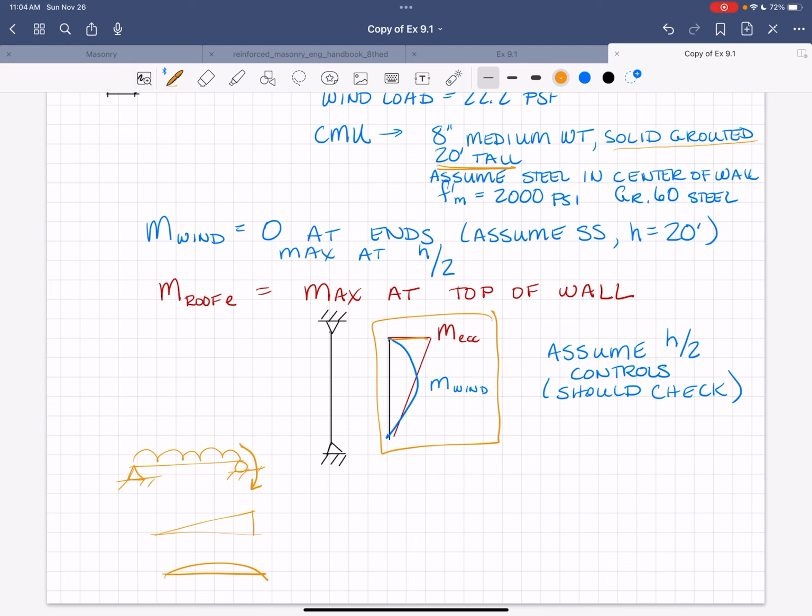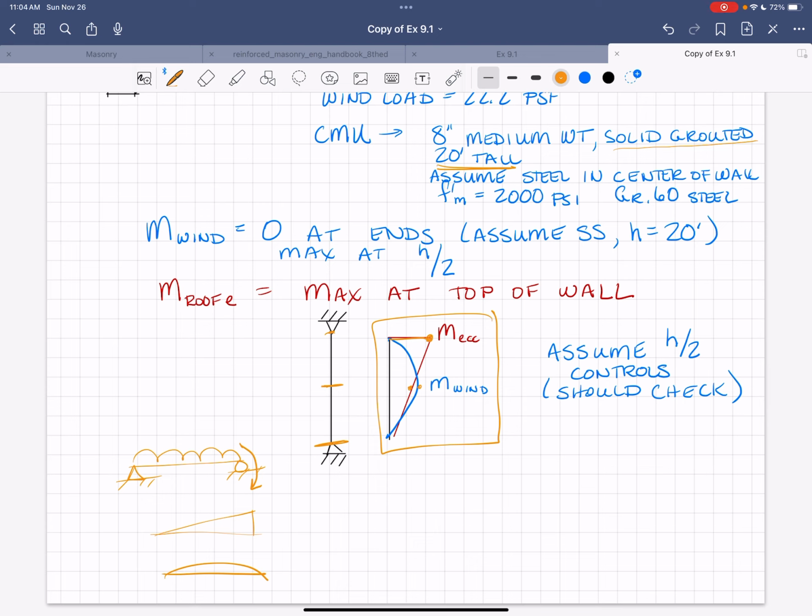You can tell at the bottom there's self-weight and whatever axial, but there's no real moment. There's a maximum moment from the offset at the top, and a maximum moment due to wind at the middle. There's half the eccentricity moment at the middle. So we would check which one of those, adding the two together, is the maximum moment.